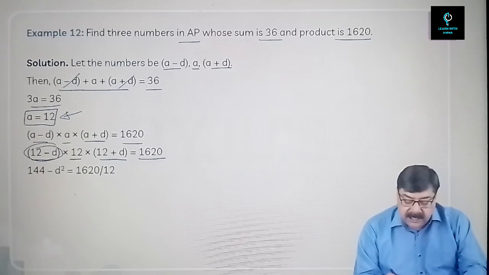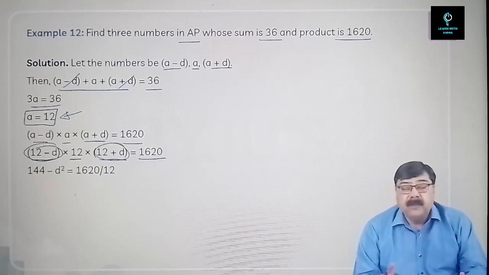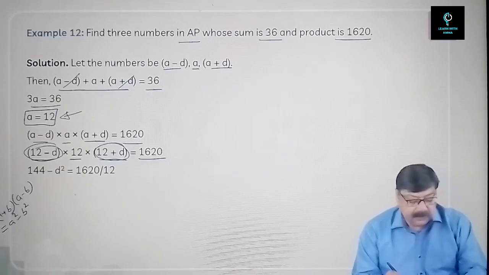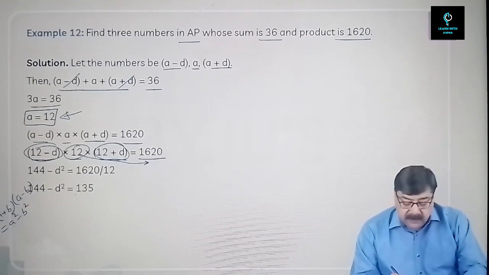So 12 minus d and 12 plus d, when you multiply, you get 144 minus d square by the formula, that is a plus b into a minus b equals a square minus b square. And this 12 here goes towards the right hand side and becomes the denominator below 1620. So 144 minus d square equals 1620 by 12, which works out to be 135.